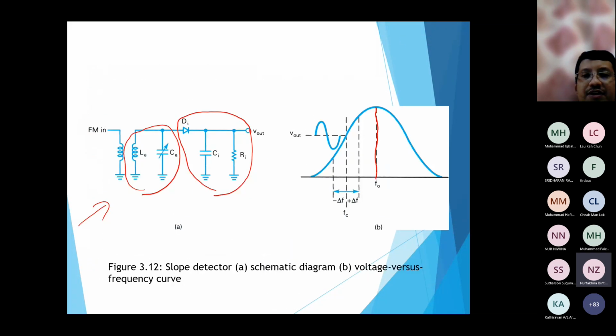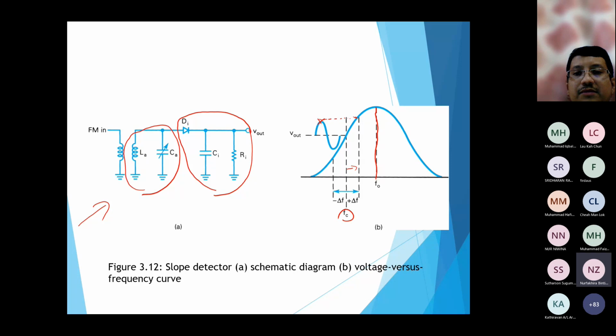Okay, so if you see from this picture, this is the center of IF. So whenever the input signal deviates above the center of the intermediate frequency, what we will produce is actually the maximum voltage at the output.